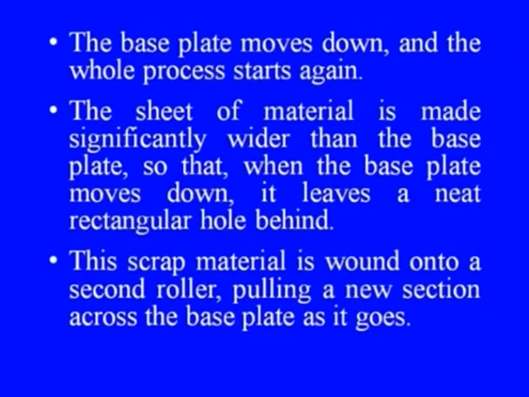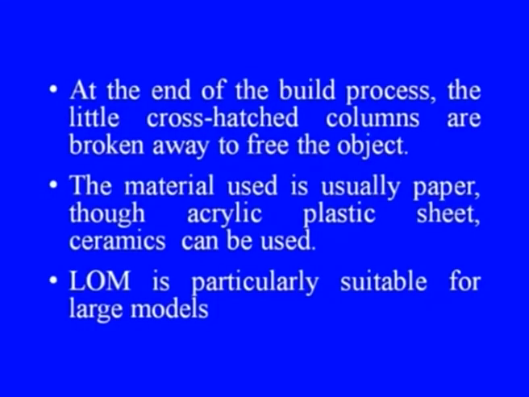The sheet of material is made significantly wider than the base plate, so that when the base plate moves down, it leaves a neat rectangular hole behind. This scrap material is wound onto a second roller pulling a new section across the base plate as it goes. At the end of the build process, the little cross hatched columns are broken away to free the object.